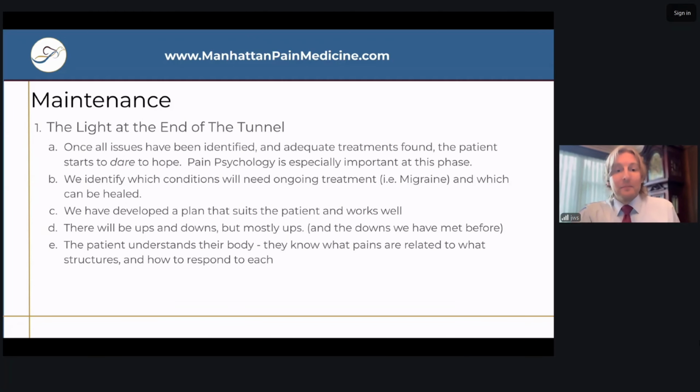Oh, sorry. The other thing I want to say about the maintenance phase is this is when a lot of patients will have to process all of the feelings that were suppressed during the prior phases. So when the patient is going through the diagnosis and treatment phases, they're on a mission. They're at war.